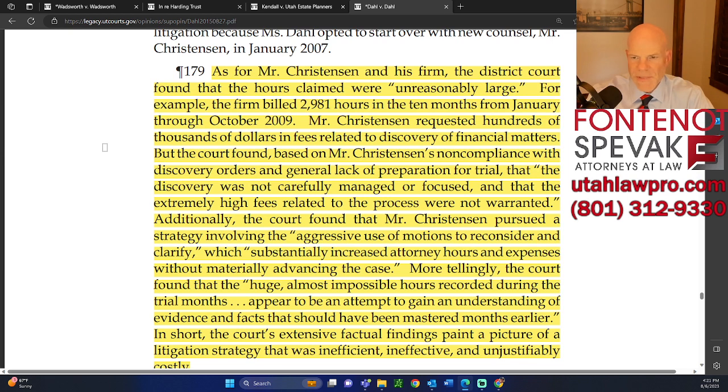Additionally, the court found that Mr. Christensen pursued a strategy involving the aggressive use of motions to reconsider and clarify. This is just stupid. Don't get an attorney who files motions to reconsider and motions to clarify. They're pointless, which substantially increased attorney hours and expenses without materially advancing the case, of course.